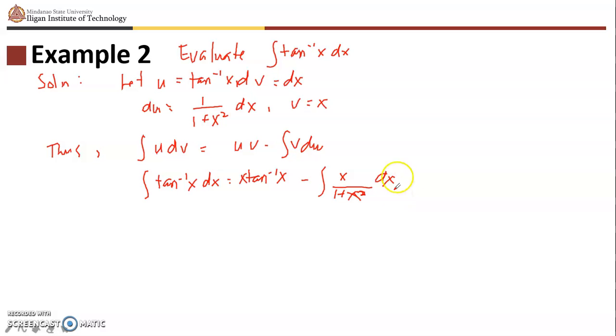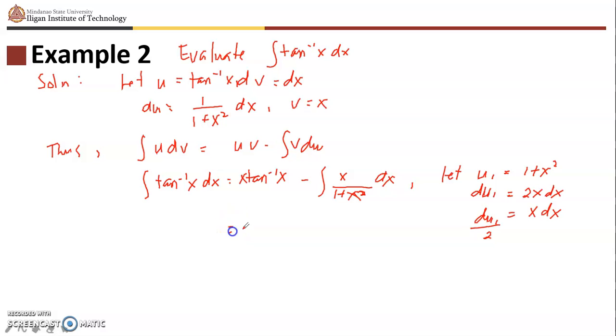Now if we try to evaluate this, we know that we can rewrite, so we can let u sub 1 be equal to, this time, 1 plus x squared, so that our du sub 1, that's the derivative of this, will become 2x dx. Meaning to say, we can replace our x dx by du sub 1 over 2.